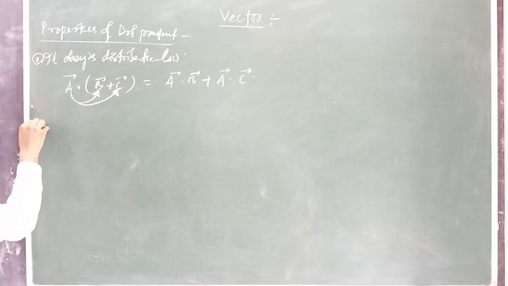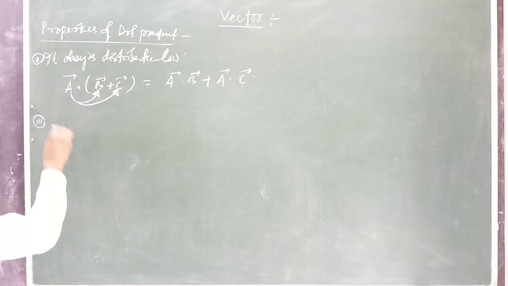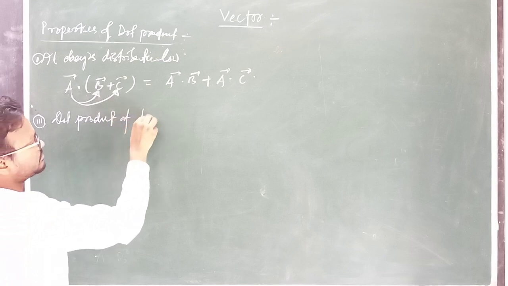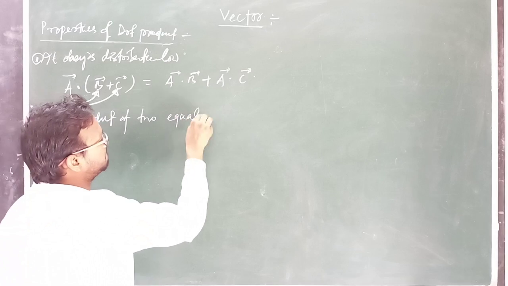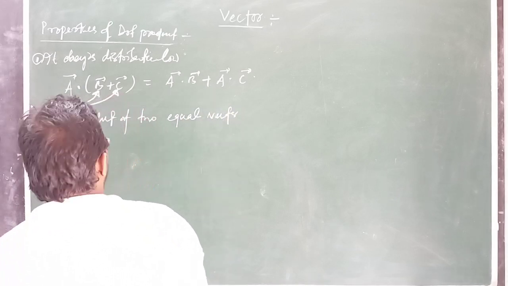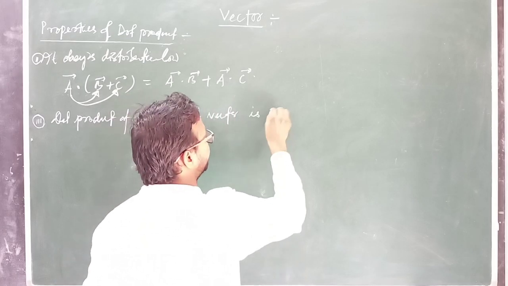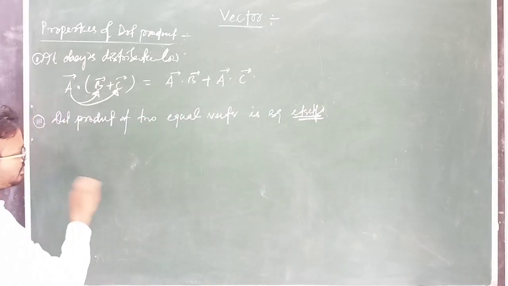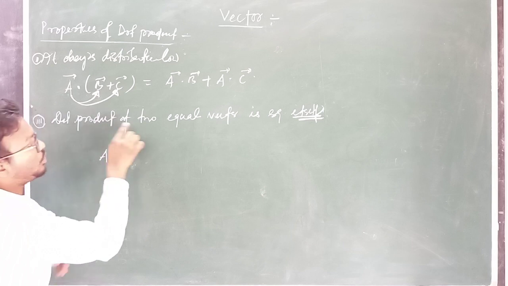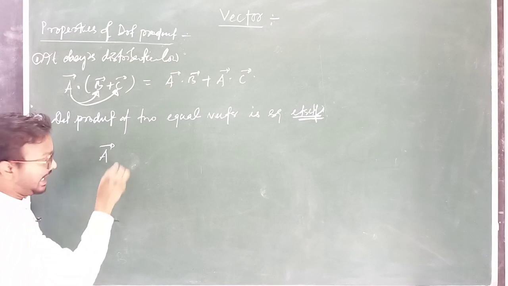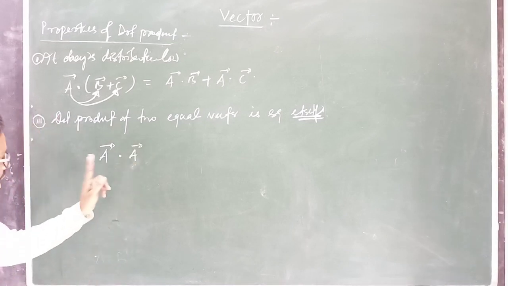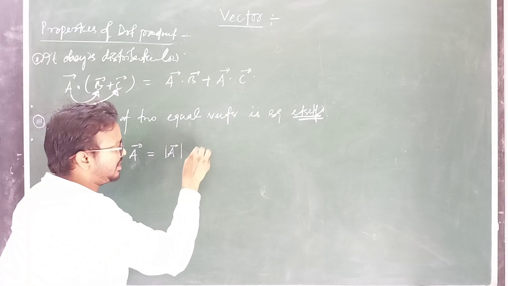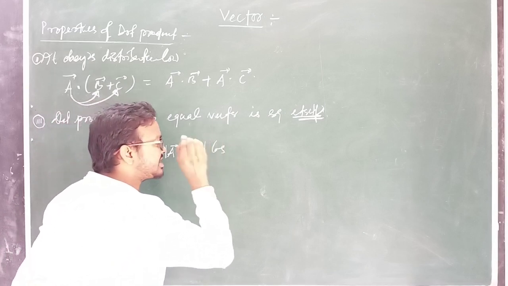And the next property, property number 3: the dot product of two equal vectors is the square of itself. What does that mean? Suppose I write the dot product of two equal vectors, one vector A and another vector A. The dot product of two equal vectors equals the magnitude of A vector into magnitude of the other into cos theta.